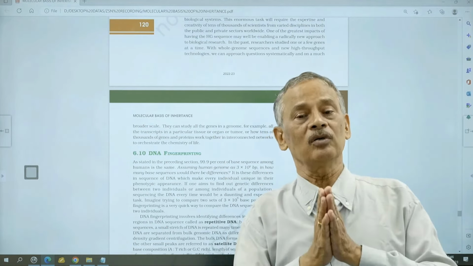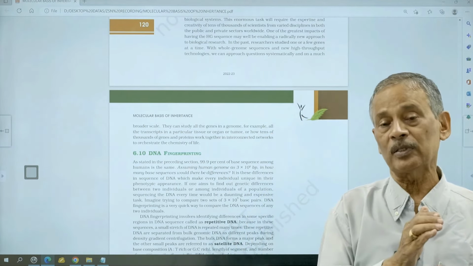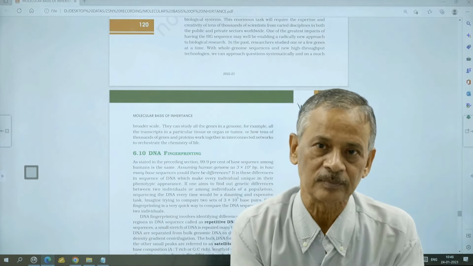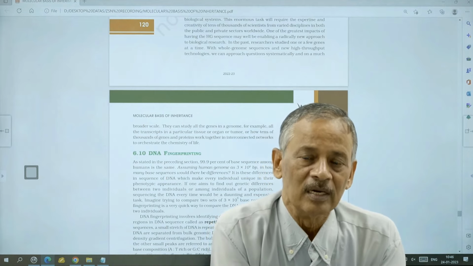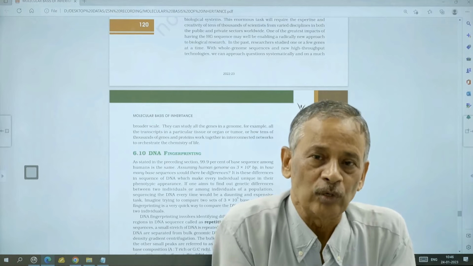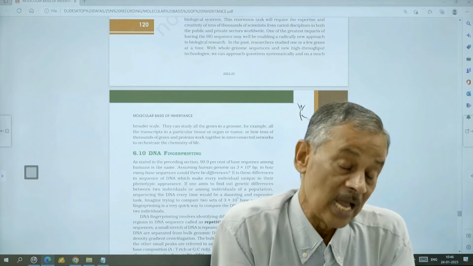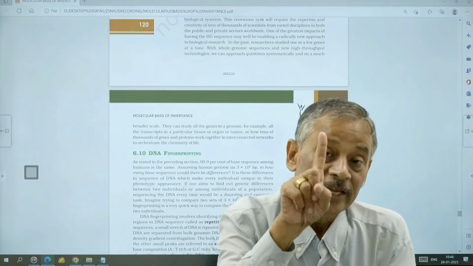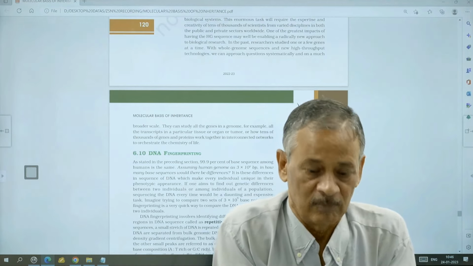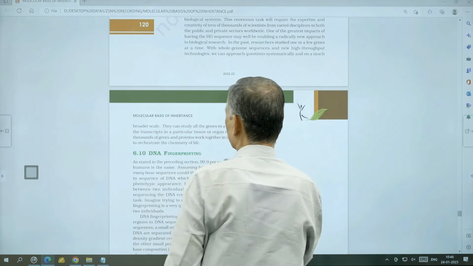This satellite DNA can be classified, based upon their size, as minisatellites and microsatellites. Minisatellites are DNAs which have a size of about 0.1 to 20 kilobases. Alec Jeffreys used a minisatellite that shows maximum polymorphism, which he called VNTR, variable number tandem repeat.